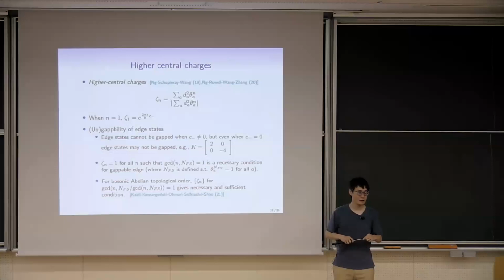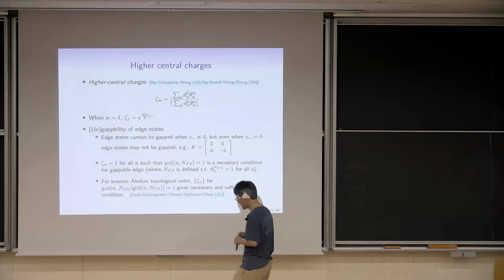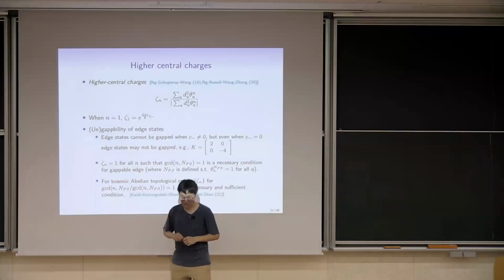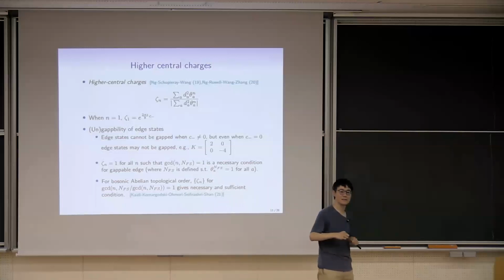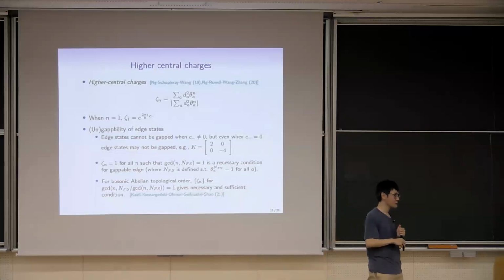This is very naive, I mean, theta, yeah, I think twist. Maybe add some twist to topological entanglement. Maybe we can define a higher version of the total quantum dimension. Good question.